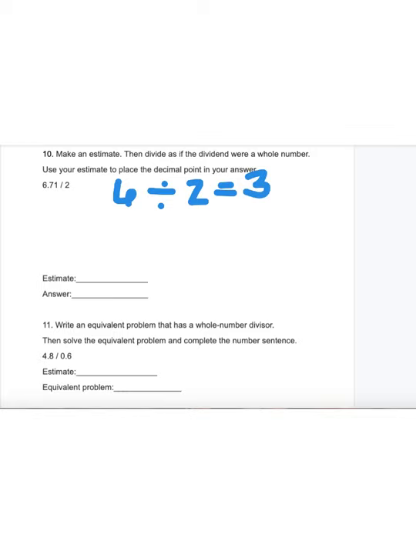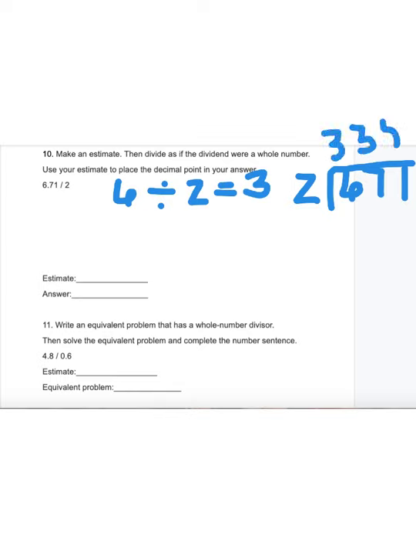Then I'm going to divide as though they're whole numbers. So I'm going to take 671 divided by 2. When I do that, I get an answer of 30,355, because I have to tack on my zeros actually here, so it would look more like this.